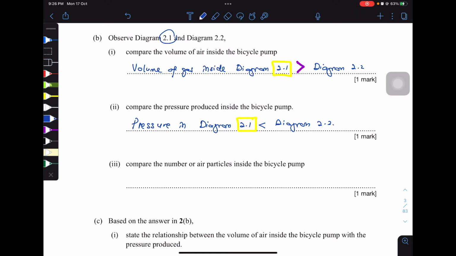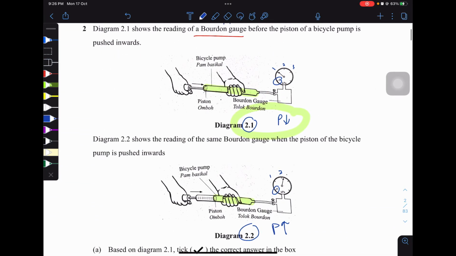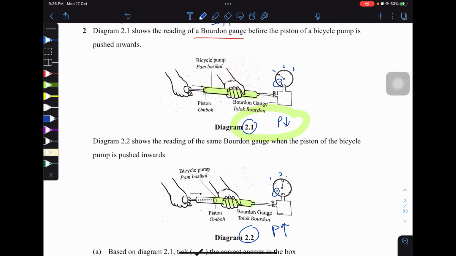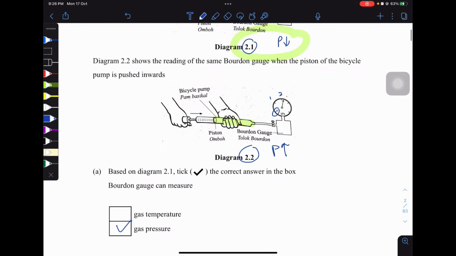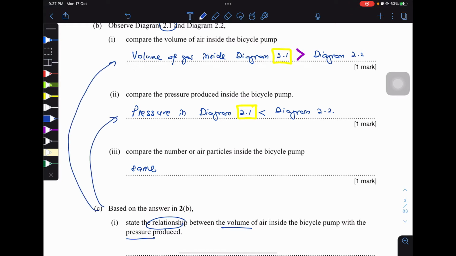This is the same pump. If it is the same pump, the number of particles should be the same, so you can just answer C for both. Based on the answer, state the relationship between volume and pressure. This is volume, and that is pressure.